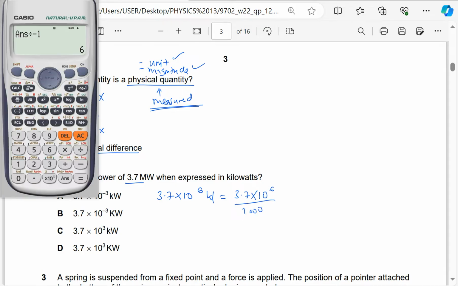That's 3700, which is 3.7 times 10 to the power of 3.